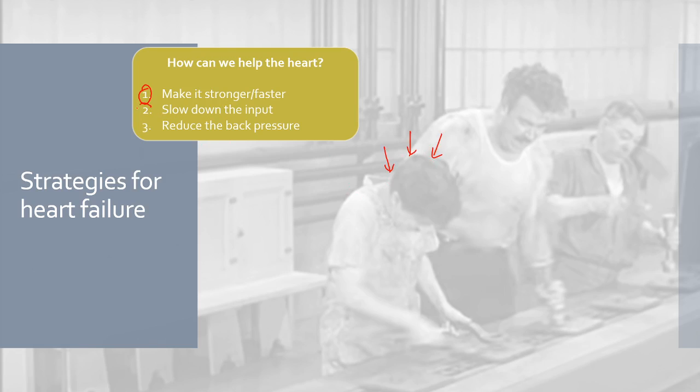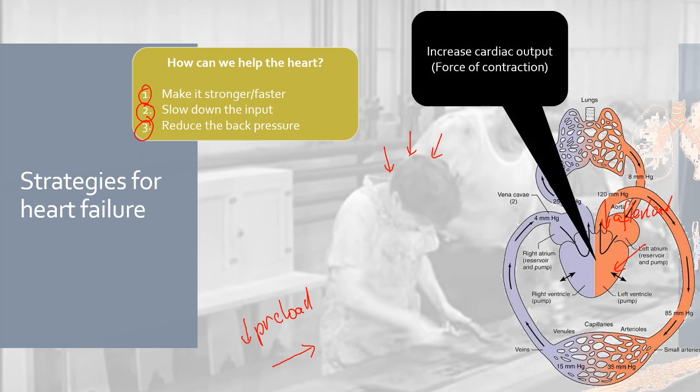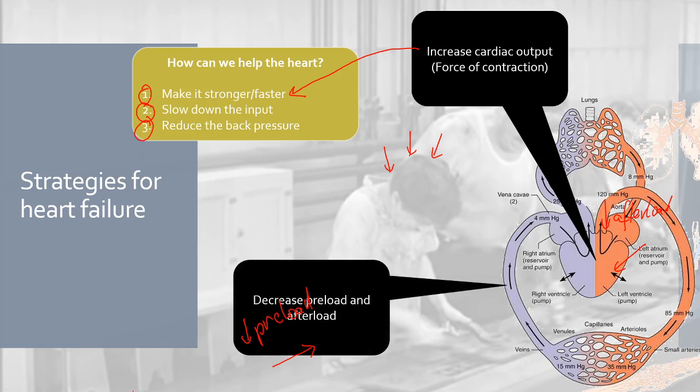You can slow down the input, which is decreasing the preload, or you can reduce the back pressure, which is decreasing the afterload. So let's look at that in the context of the heart. We can either increase cardiac output, or the force of contraction, or we can decrease the preload and the afterload.